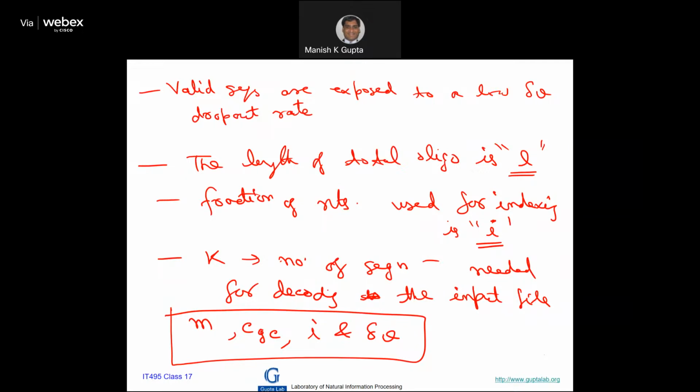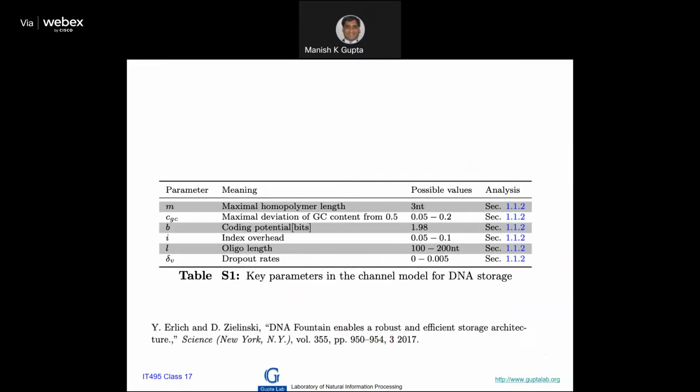Now I have a table here with these parameters. M, the maximum homopolymer length, is 3 nucleotides. Remember I mentioned earlier that 3 nucleotides is okay, and more than 3 creates a problem. But in the model we have to take some general number so that you can calculate the formula. CGC is the maximal deviation of GC content from 0.5. How much it differs, that parameter.